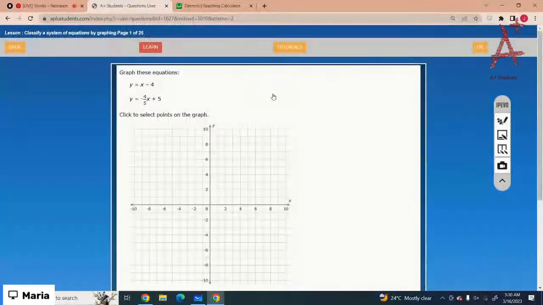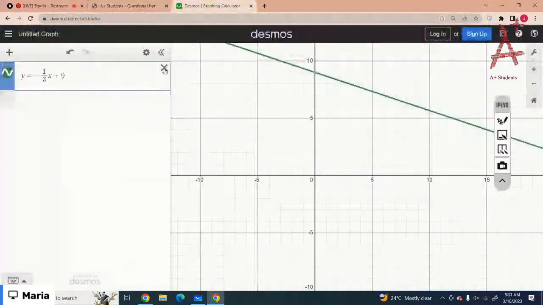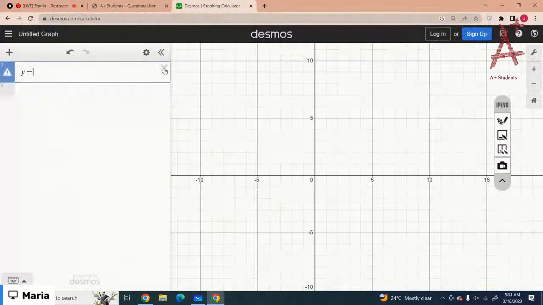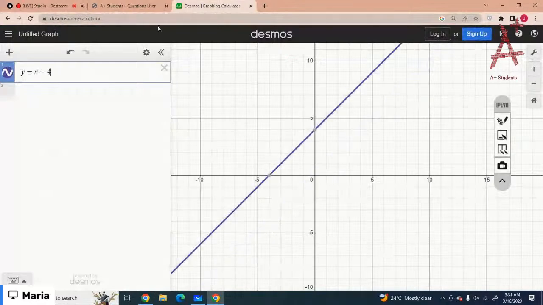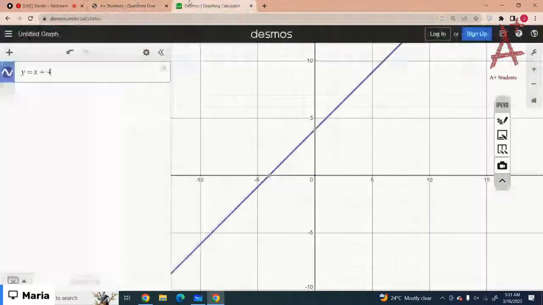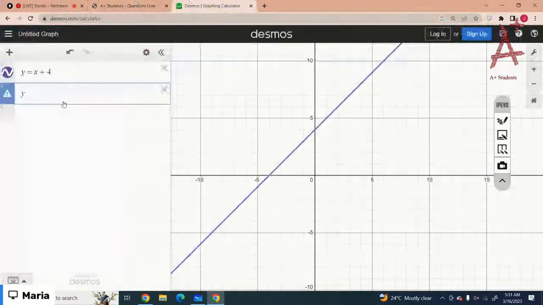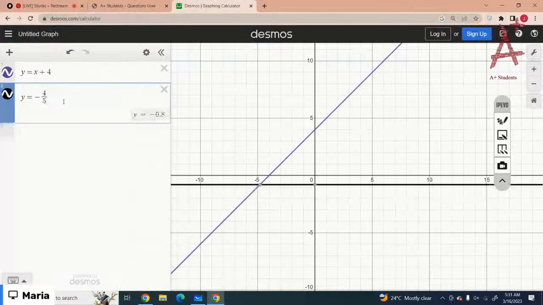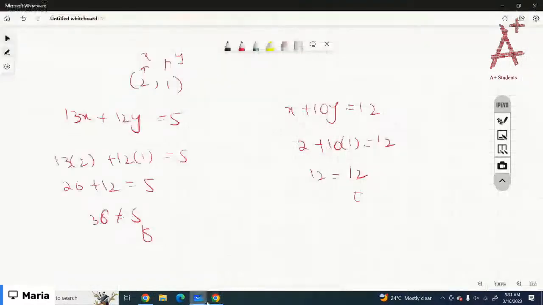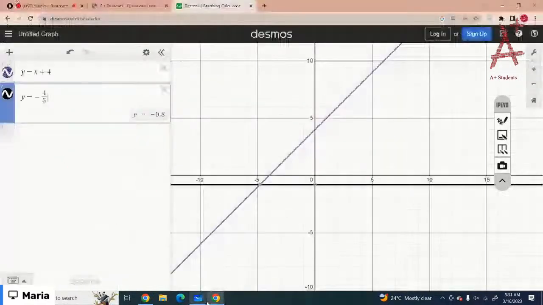Y equals x minus 4, y equals x plus 4, and the second equation is y equals negative 4 over 5x plus 5.